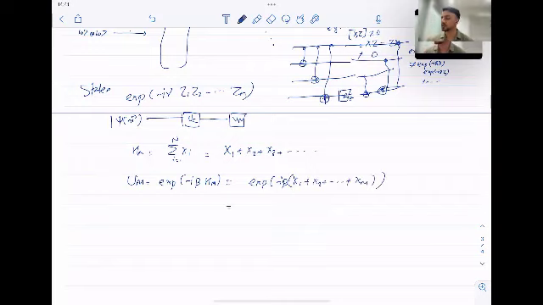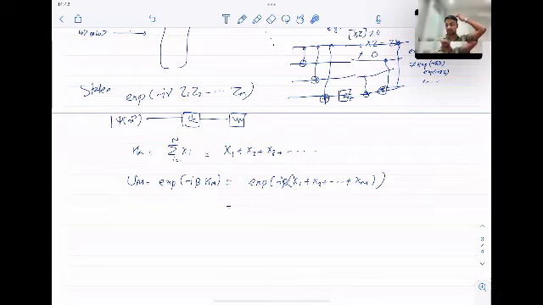Can someone tell me what this is? The hint is that all of the terms will commute with each other, right? Because they are acting on separate qubits. So what can I do? See nothing on chat. How can I simplify this? Because remember, I want to get into quantum circuit level.